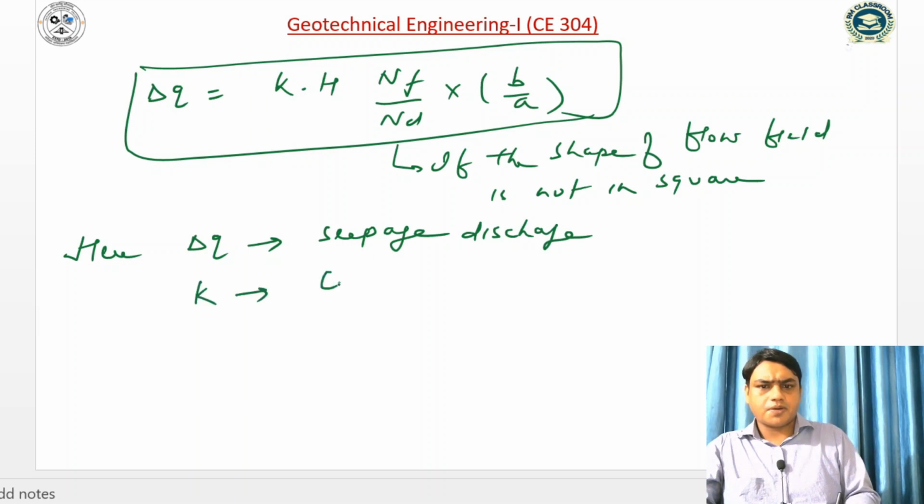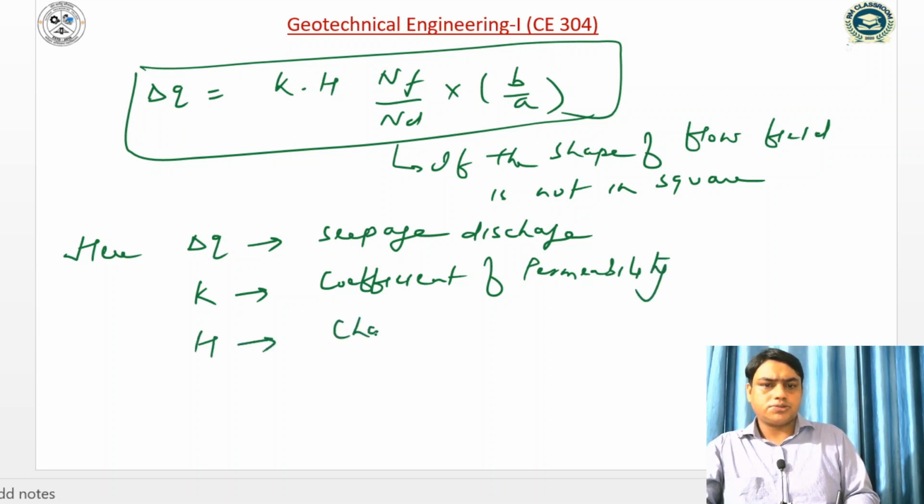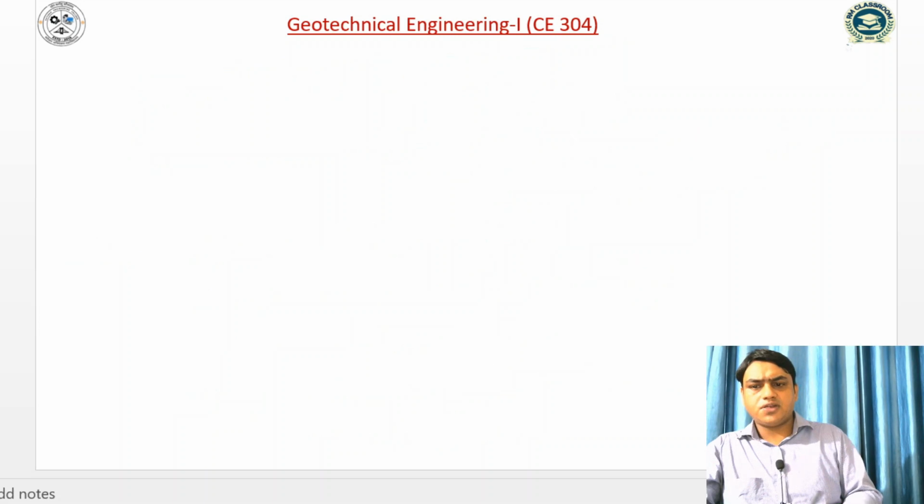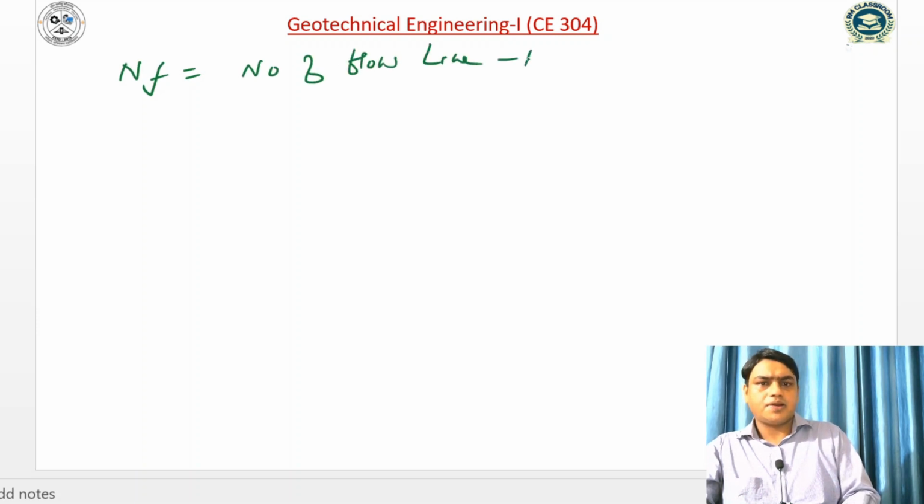K is the coefficient of permeability, H is the change in head or total head, NF is the number of flow channels in the flow net, and NF can be written as number of flow lines minus 1.